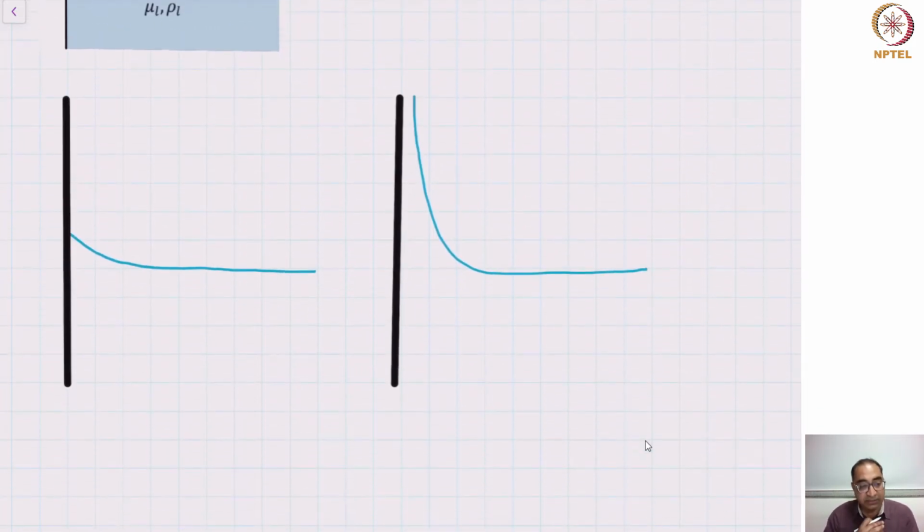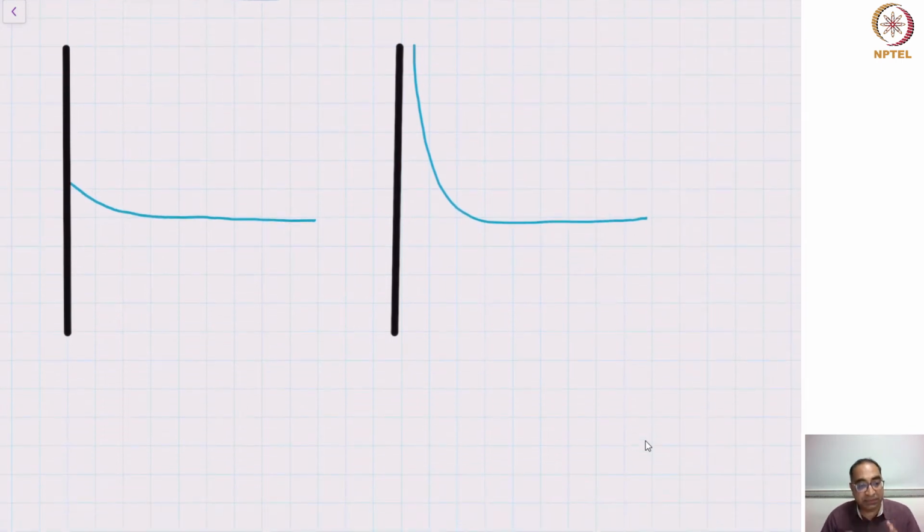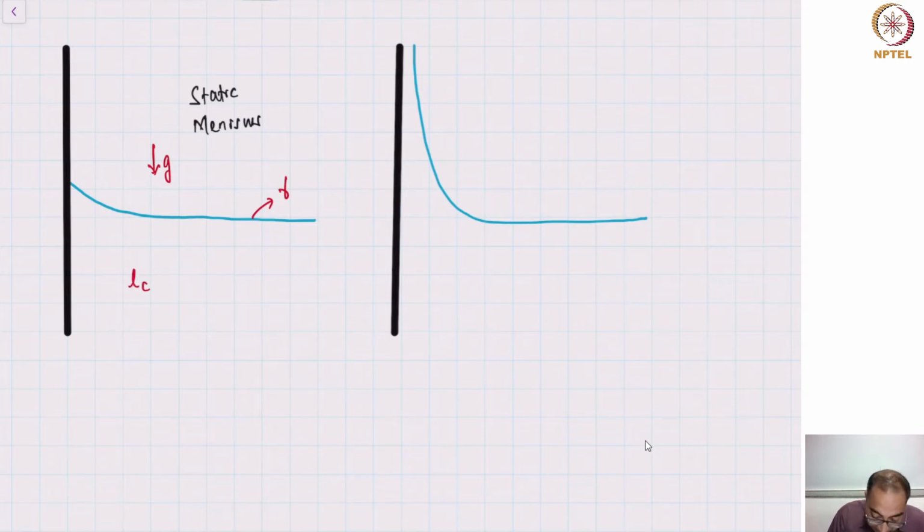Now, how would we go about studying this problem? I'm showing you two schematics. In the left panel, there is a substrate which is dipped into a reservoir, but the substrate is not moving. This you would call a static meniscus. In a static meniscus, there is a balance between surface tension force and gravity downwards, and this results in a length scale L_C, which you have already seen.